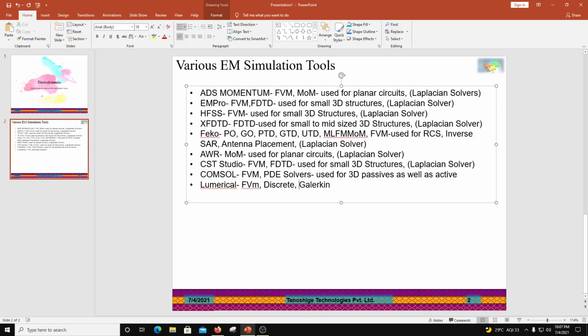It is used for small 3D structures, and these are again Laplacian solvers.